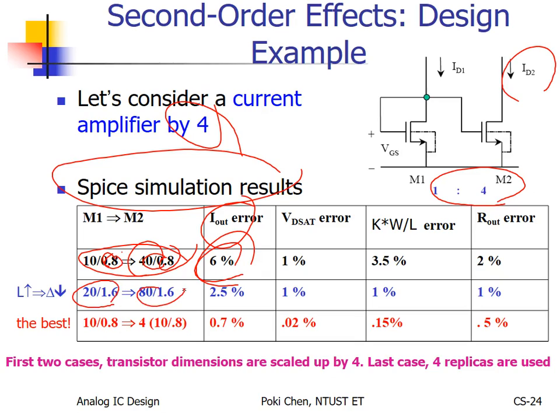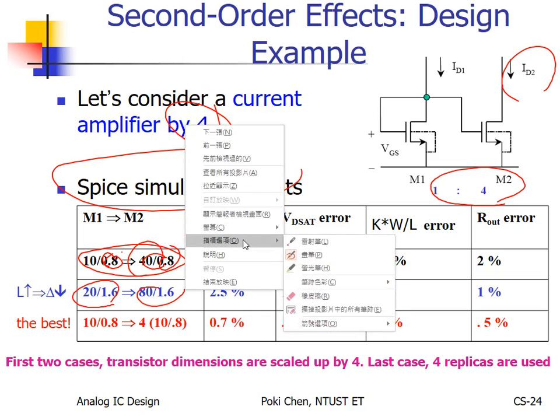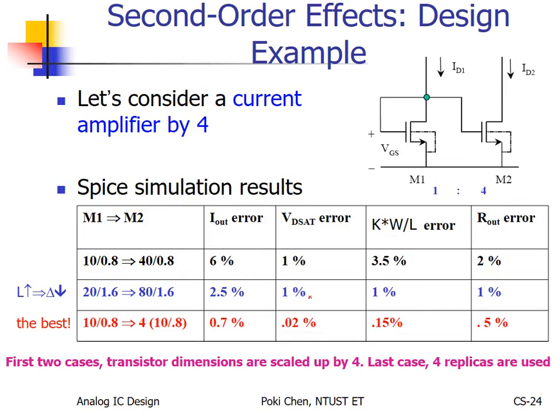See, what's the difference? What is the difference from the first to the second? We increase the area, right? We double the width and also the length, not only here, but also there.